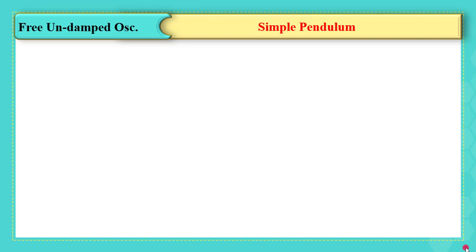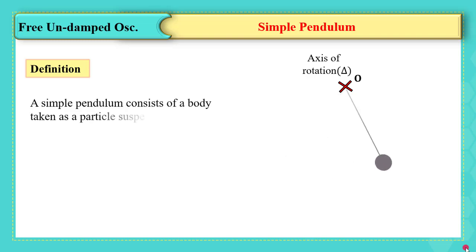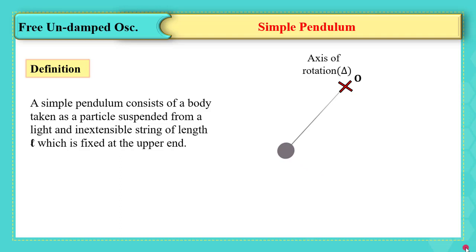First, we're going to define the simple pendulum. A simple pendulum consists of a body of mass m taken as a particle, suspended from a light and inextensible string of length L, which is fixed at its upper end.